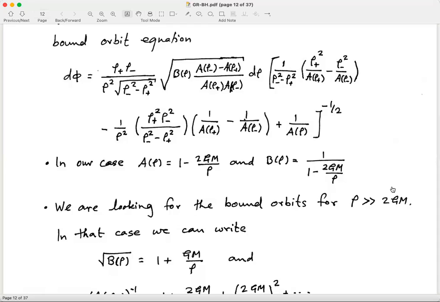The Schwarzschild radius for the sun is something like 40 centimeters, whereas the radius of the orbit is in millions of kilometers. So it makes complete sense to say that rho is much, much larger than 2gm.